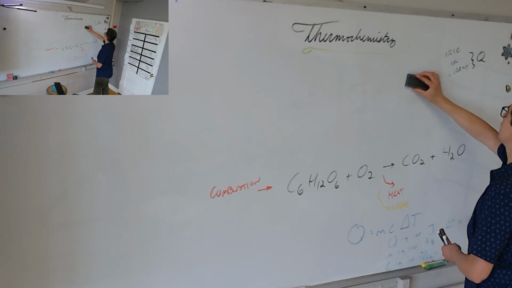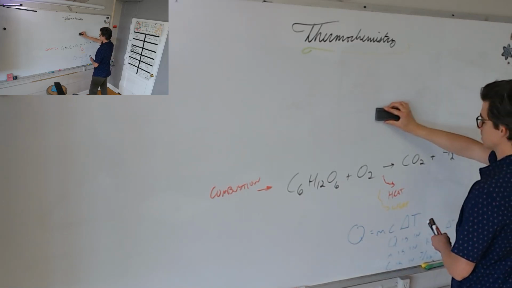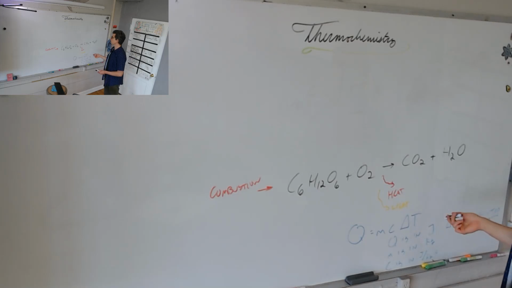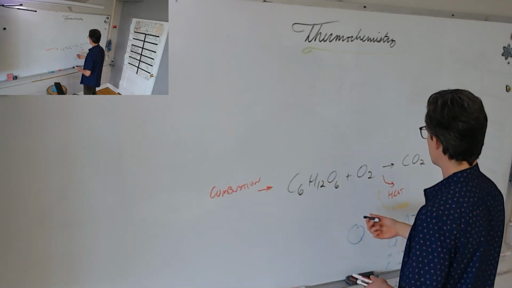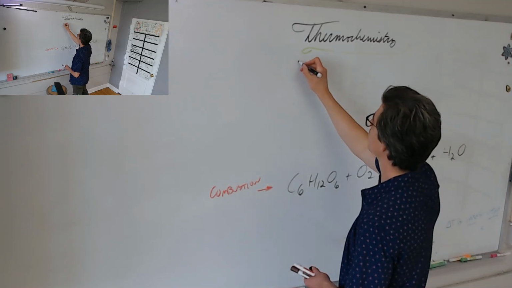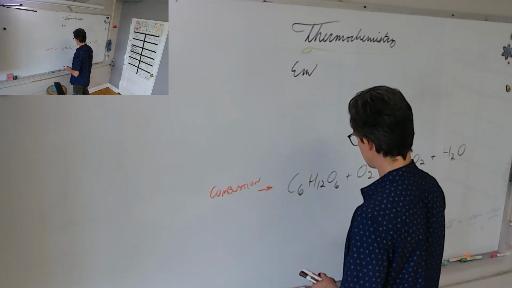Enthalpy and entropy are together what we'll talk about for the rest of this. And they're more complicated to understand, in my opinion, than what we just talked about with the calorimetry. But we're talking now about enthalpy.